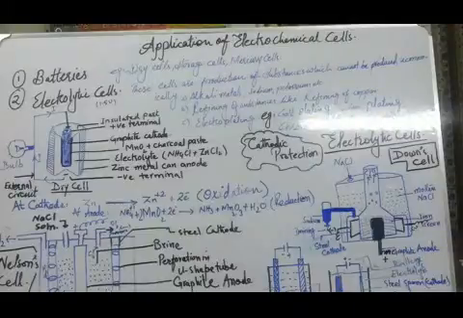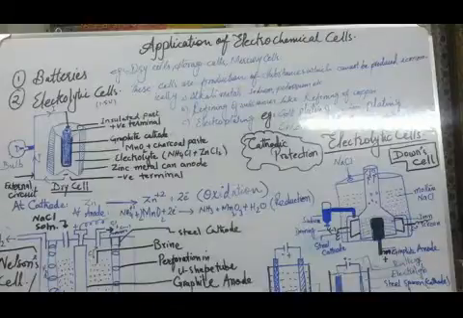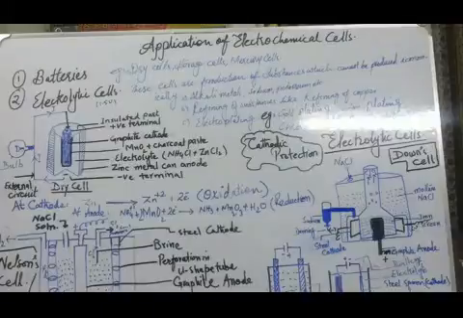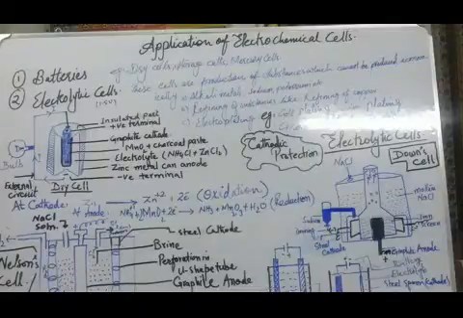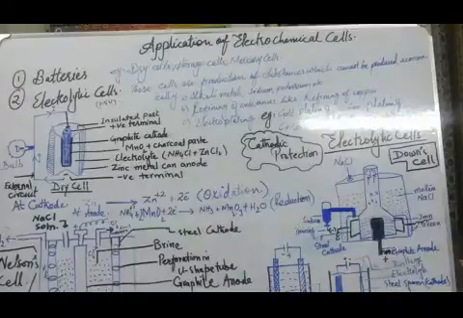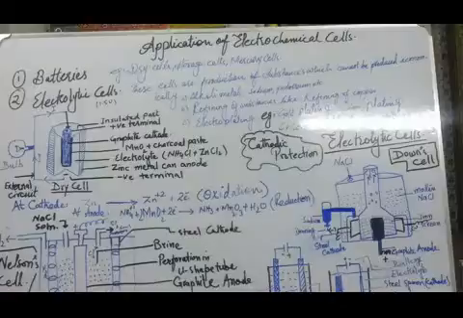And at the anode, these 2 electrons are taken up by the ammonium ion and manganese dioxide. As a result, they change into ammonia and manganese trioxide. That is why the batteries work and generate electricity.